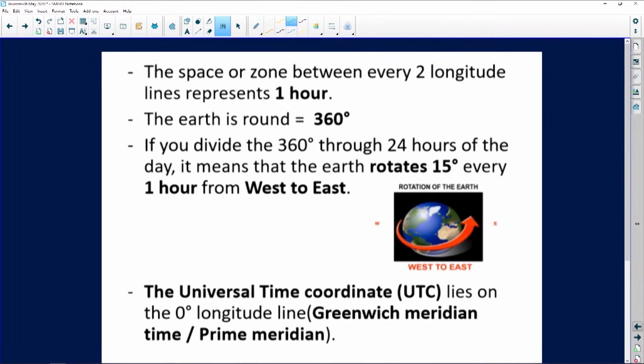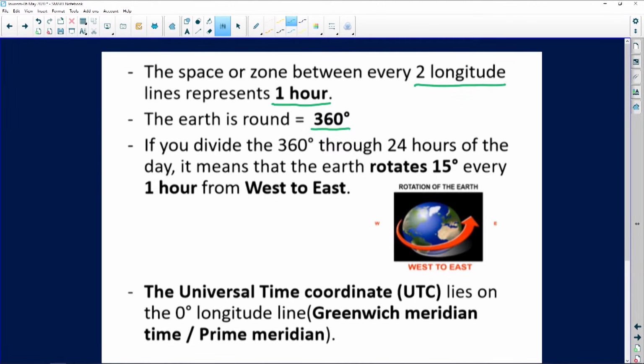Secondly, we need to look at the zone that I spoke about. So between every two longitude lines, there is a zone that's represented on a map or on the Earth. And that zone is exactly 1 hour apart from the next. Now, it's very simple. You see, the Earth is 360 degrees. We all know a circle is 360 degrees.